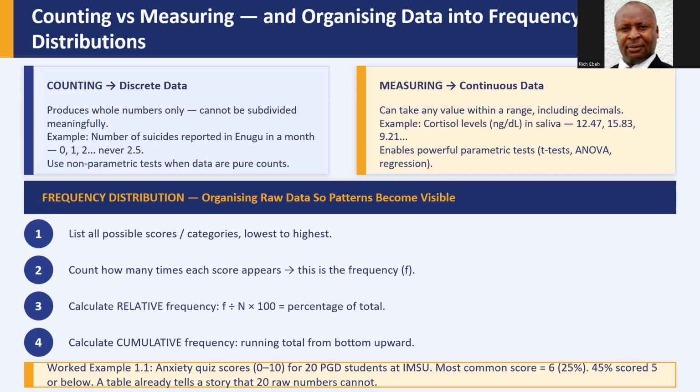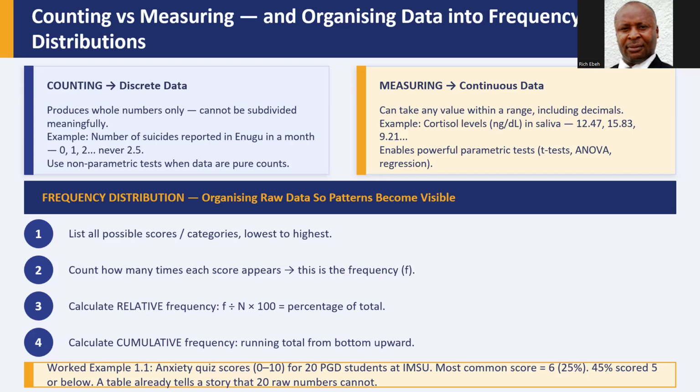Discrete data are whole numbers that cannot meaningfully be split into fractions. You can have 30 students in a class or 31 students. You cannot have 30.5 students. Your father can build a 3-bedroom bungalow, but he cannot build a 3.5-bedroom bungalow.